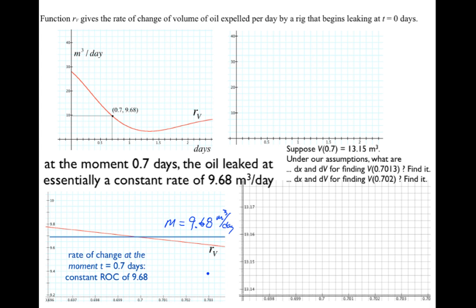So in this moment, we assume a constant rate of 9.68 meters cubed per day. That's that horizontal line on the rate graph, right? So now in that moment, we want to build a little bit of accumulation at that rate. It told us that at 0.7, the current amount of accumulation was 13.15.